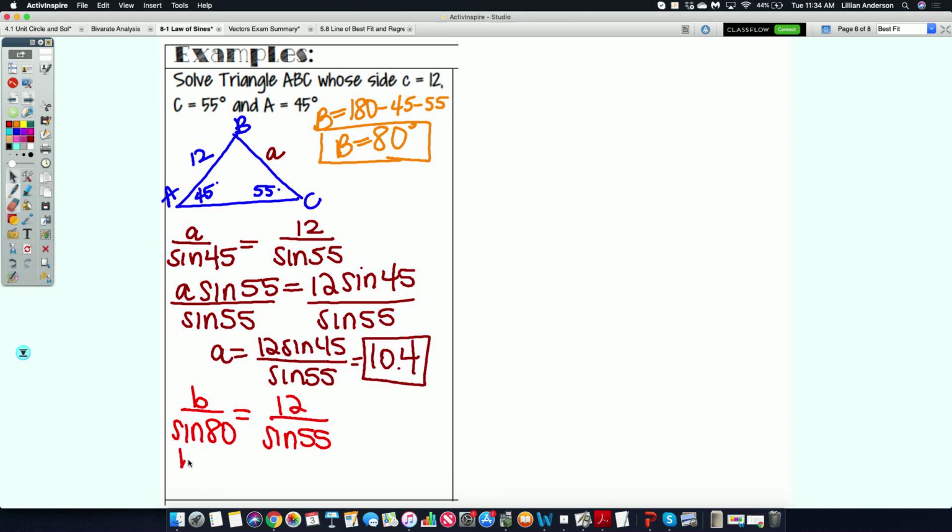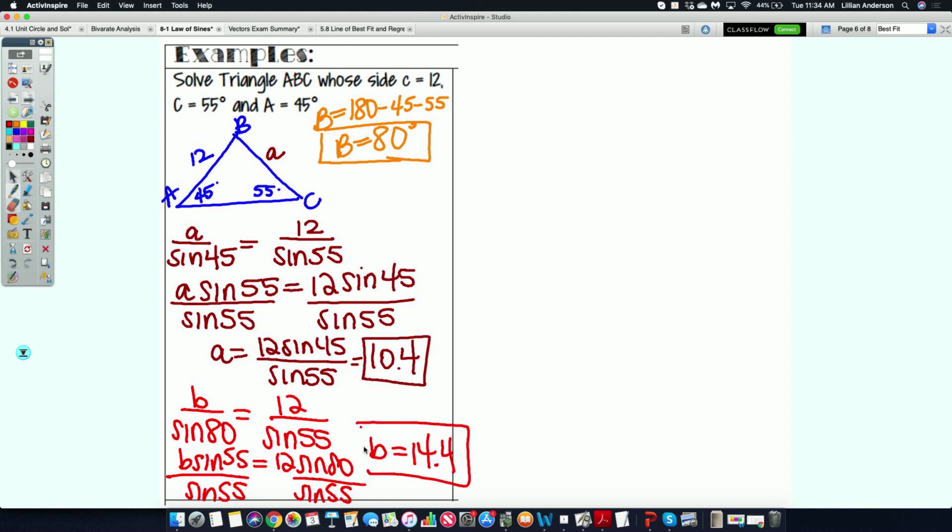So I'm going to cross multiply and then divide. And what I type into my calculator is 12 sine 80 over the sine of 55. What'd you guys get B to be? 14.4. Questions on angle side situations?